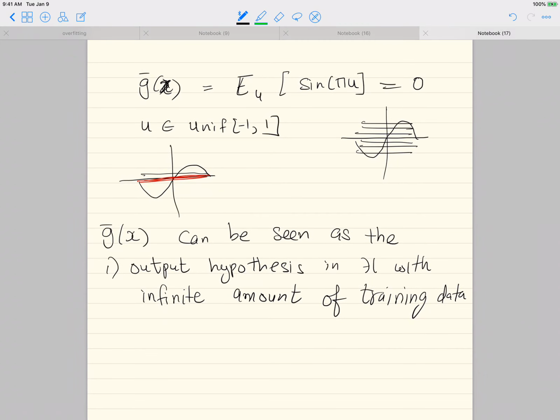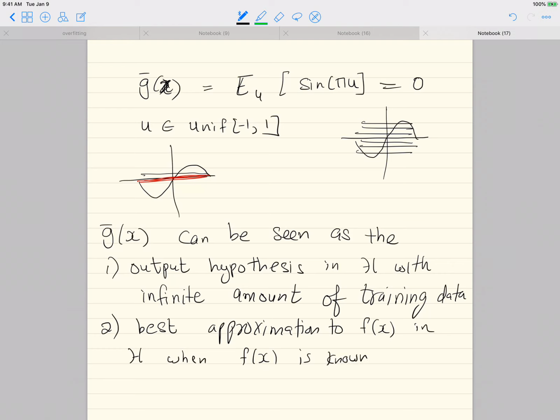Or equivalently, it is the best approximation to f of x in H when f of x is known.